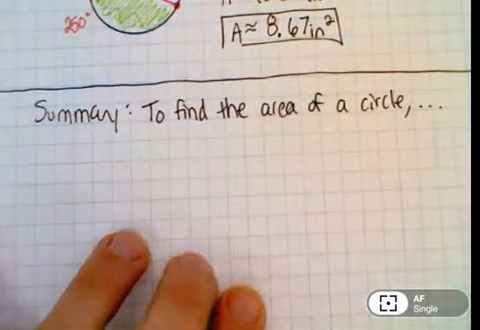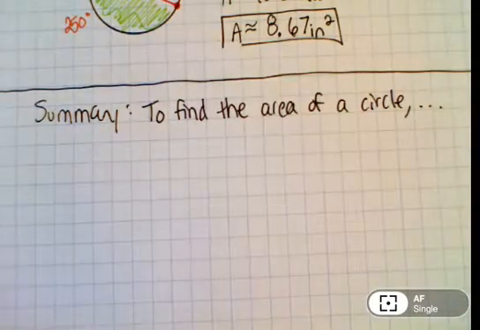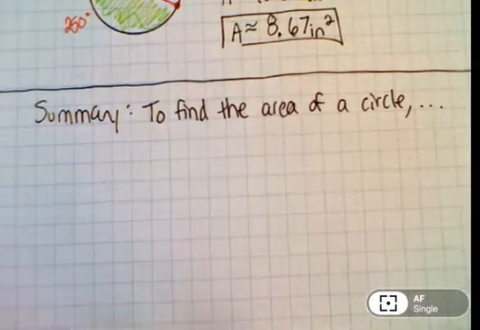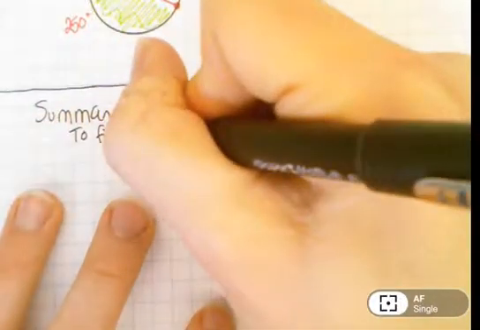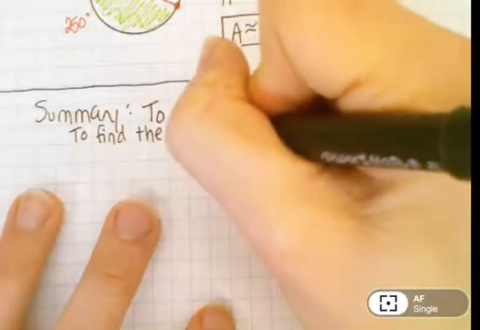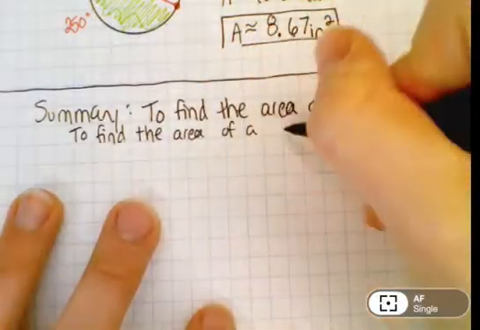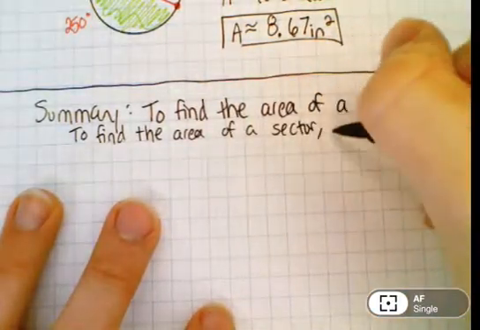And just like last time, you can either tell me the formula to use or you can explain it out in writing. And then to find the area of a sector, and tell me what to do.